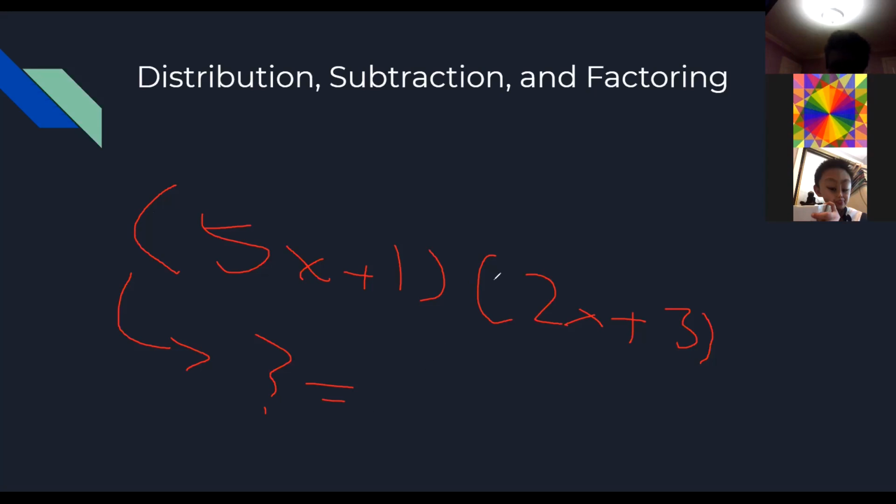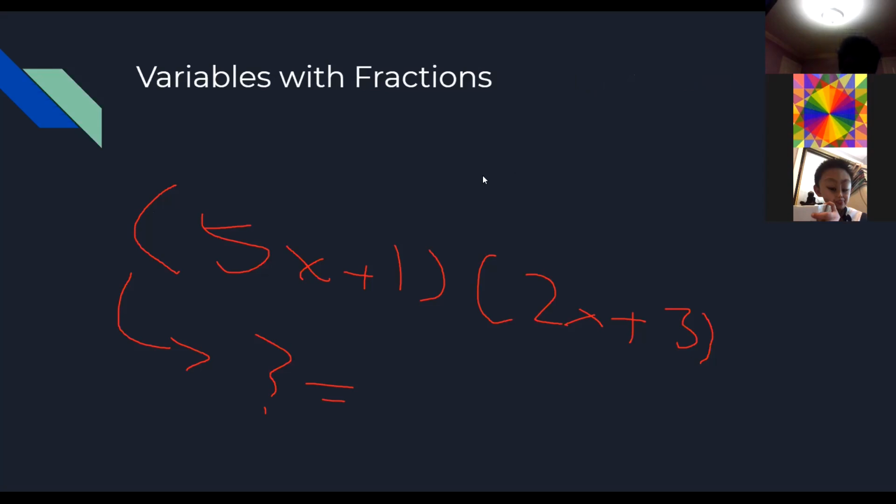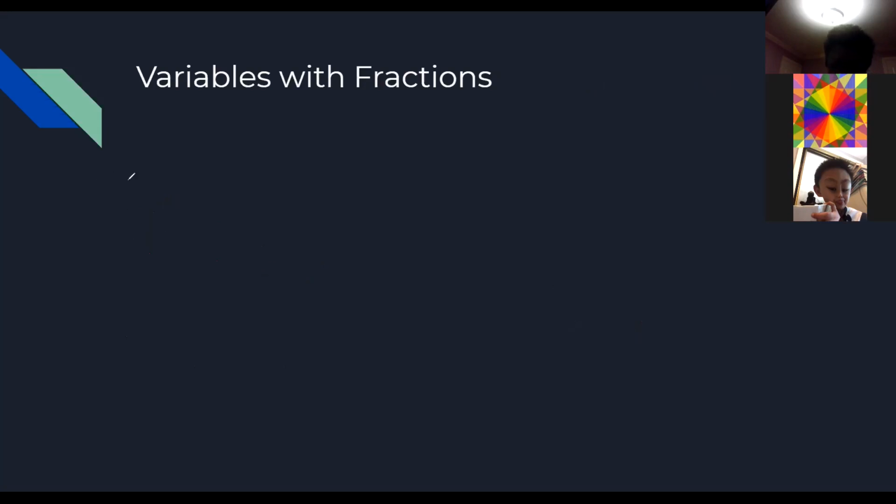Okay, so now we go on to fractions. As I've said before, if we had something with a common factor on both the denominator and the numerator, like 36/78, both of these are divisible by 6.